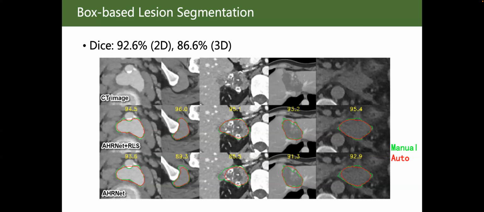So from those results, it can be seen that when using regional level set loss, the results are much closer to the manual annotations than the ones without using the regional level set loss, meaning that through optimizing the regional level set loss, the model can push or pull the segmentation results to improve the alignment with the lesion boundary.